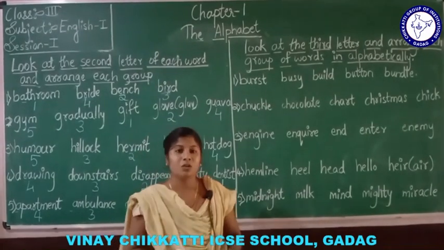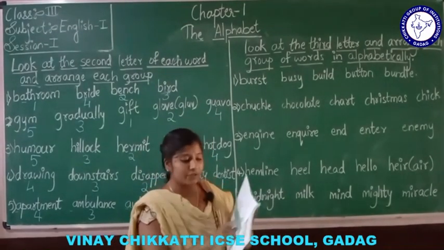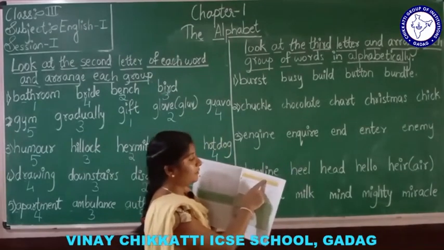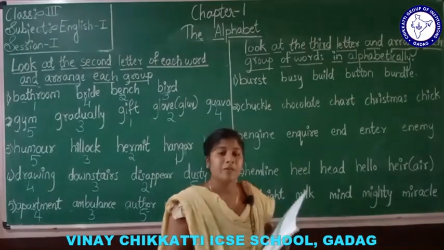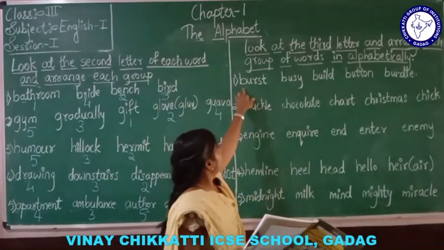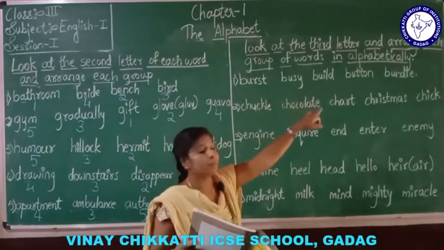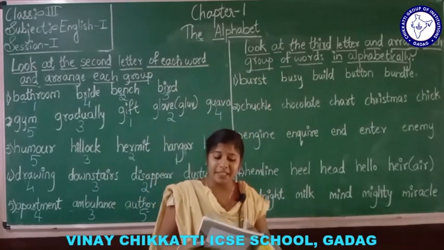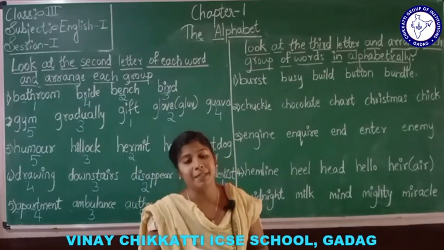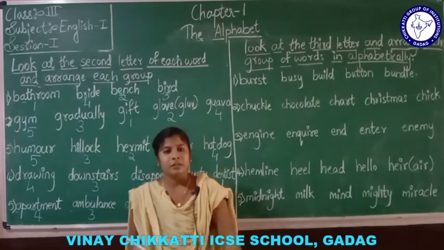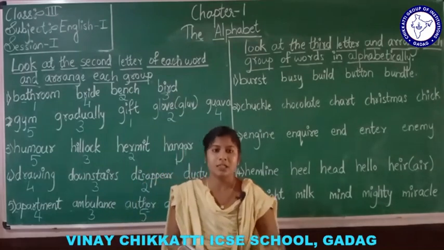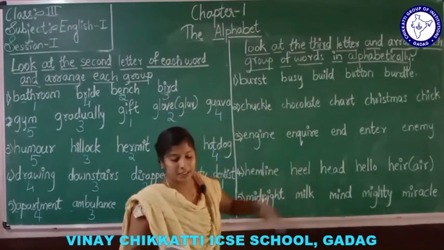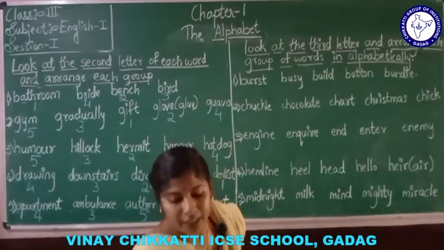Next, look at these words, page number 7. You will notice that the first two letters are the same. See, B-U, B-U, B-U, B-U, B-U. Now, look at the third letter and arrange each group of words alphabetically. So far you have arranged with the first letter, with the second letter, and now it is arranging with the third letter. Understood? Let me start.